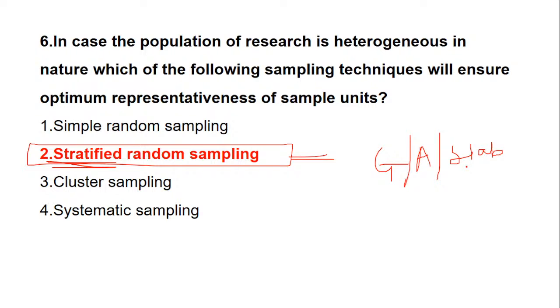It means the subgroup. So you are dividing the population into subgroups. Here the population is not similar, it is dissimilar. So in that sense the more optimum sampling technique is stratified random sampling.